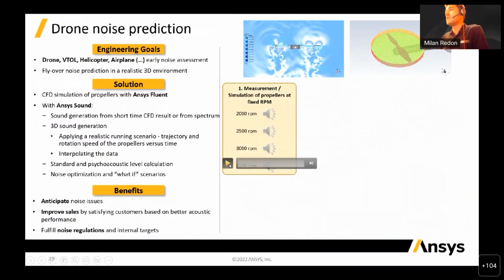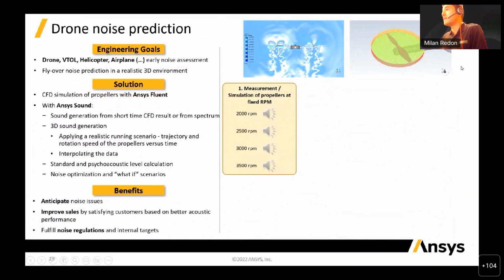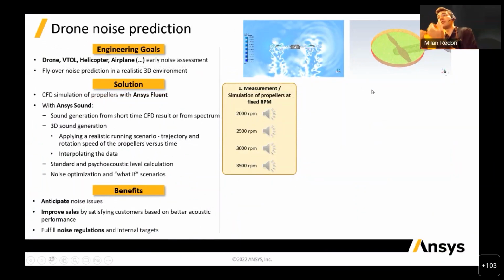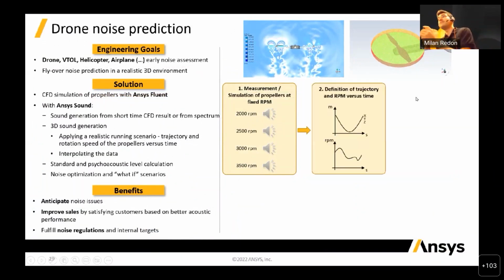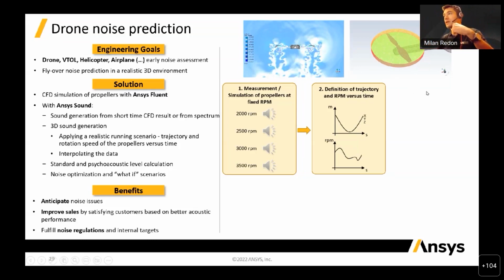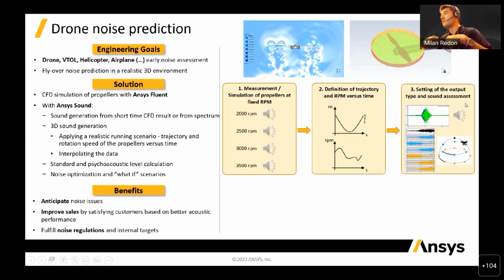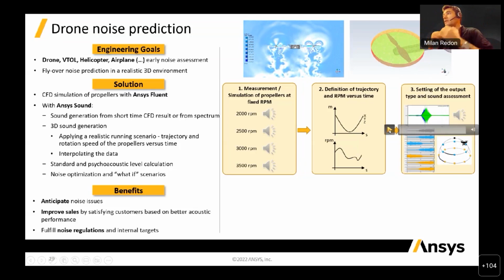Yes, as Domenico is playing, we have the noise at single speed of the propellers, and the goal here will be, from these measurements or simulation of the propellers, you can define a trajectory of the drone and an RPM or rotation speed versus time, and set the type of output where you want to assess the sound. So here it's only a stereo signal.